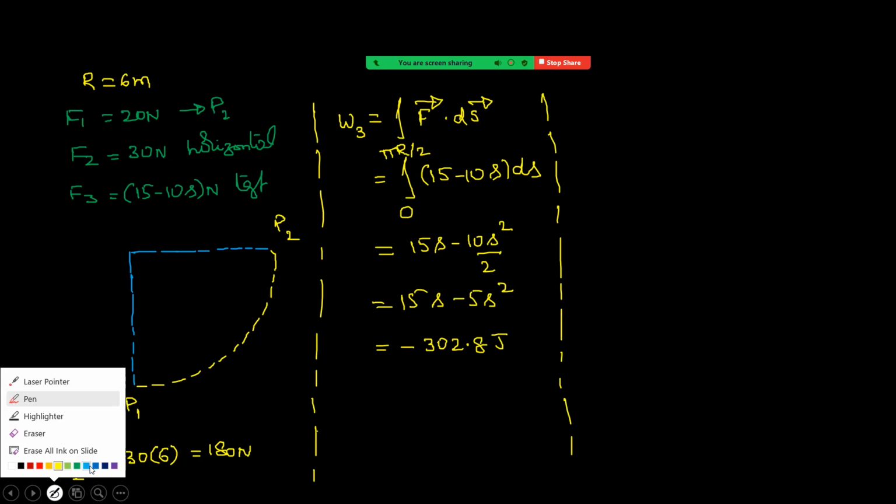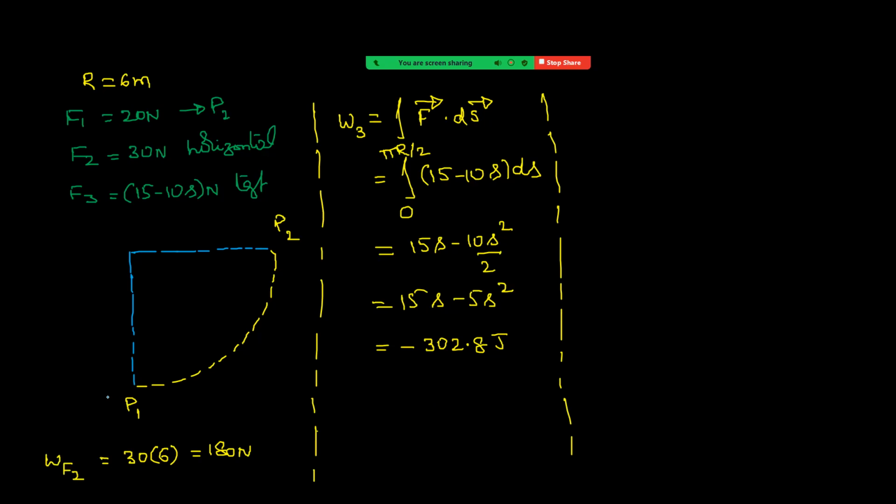Now see carefully. Let us take one instant. This is the location of the particle, and the force is always towards P2. Therefore, I am drawing a line joining P2 and this particle.